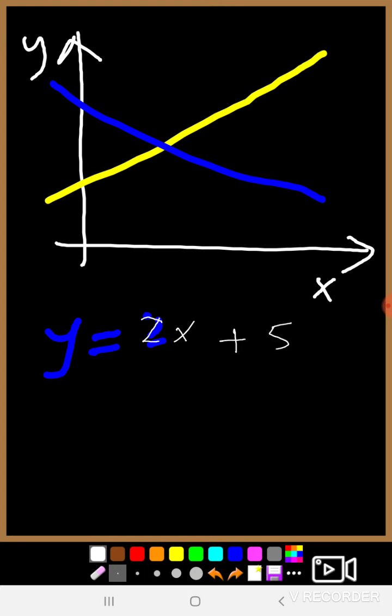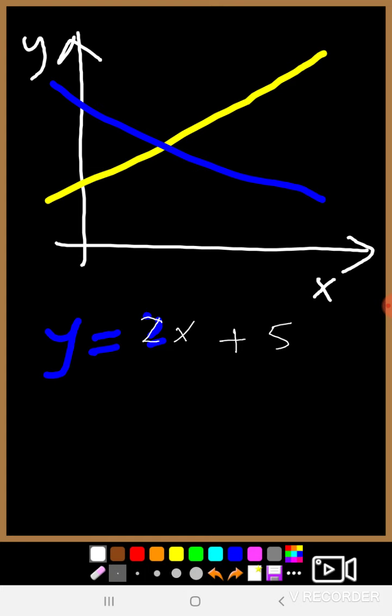Obviously, when x increases, in other words, we are going from the left to the right, the bigger value of x goes to the right. Then 2 times x becomes bigger also as x becomes bigger. Plus 5, then it's bigger, see?